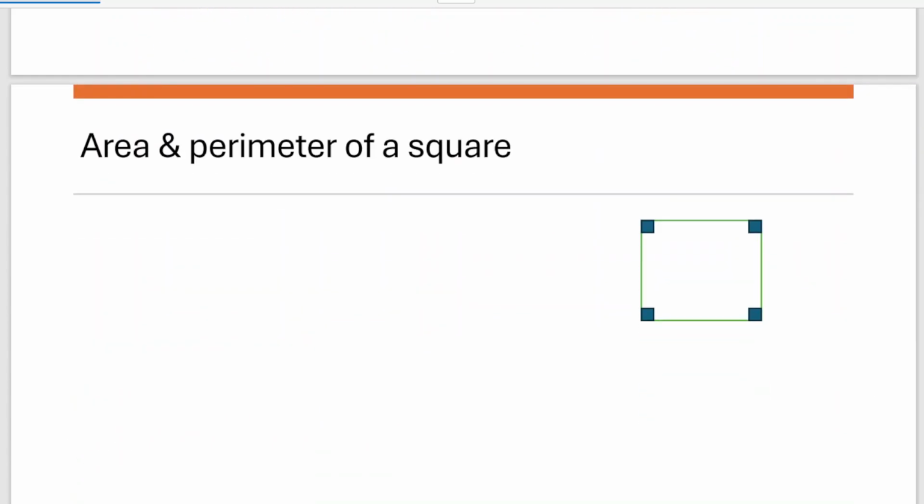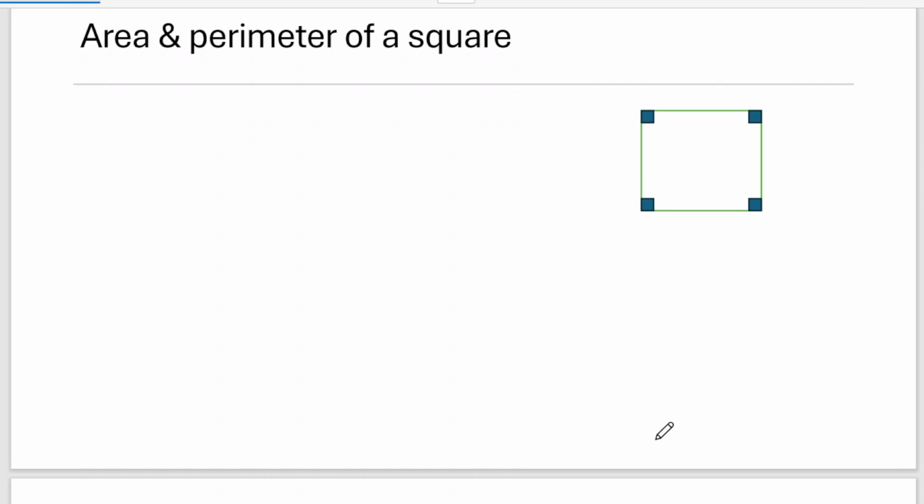Okay, next. Now, how can you find the area of square? We know that the length of the side of a square is equal.